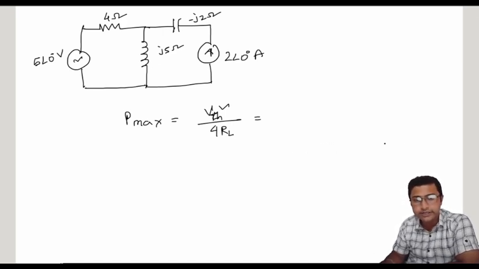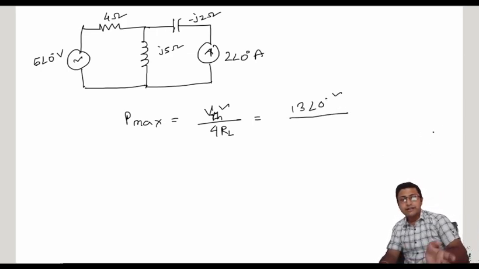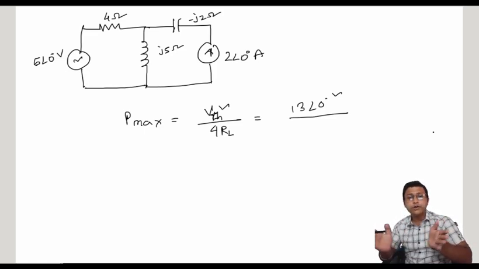So what is the VTH? We have calculated 13 angle 0 by 4RL. RL means actually it is the ZTH. Actually this is the AC network theorem, that is ZL equal to ZTH.